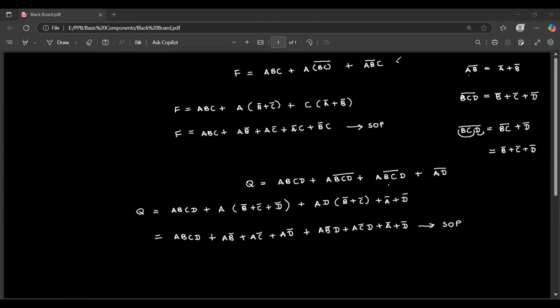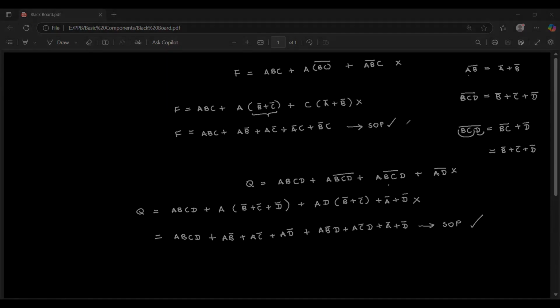This is not in SOP. This is also not in SOP. Why? Here we have the sum inside a product. We'll learn about this in the POS video. And here also, this is not in SOP format. But this is in SOP format. So this is the basic thing you have to keep in mind.